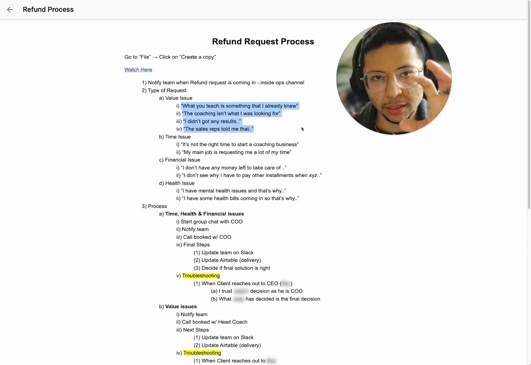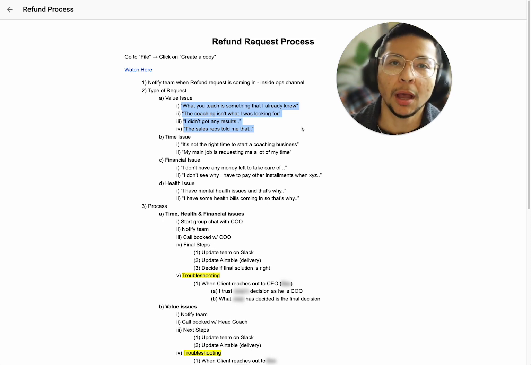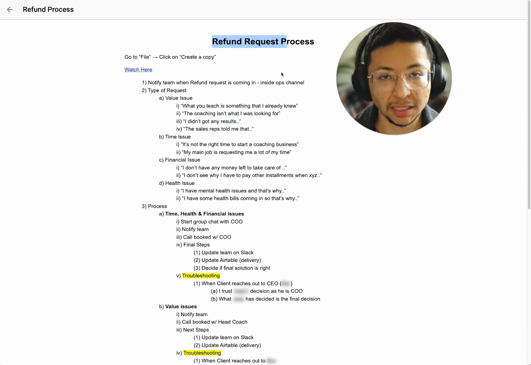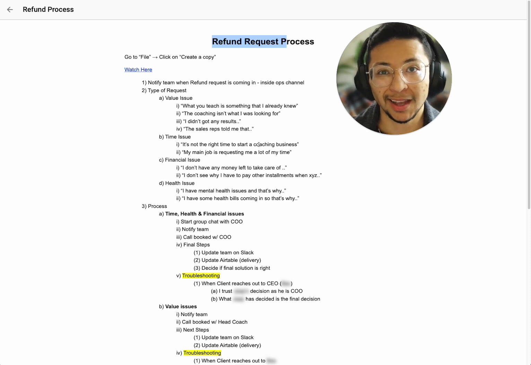And then you would create some new language or scripts or verbiage around that to address the issue so that you can reduce these refund requests, and you have a solution for when someone says, I can't pay, I don't want to pay, here's what's happening.